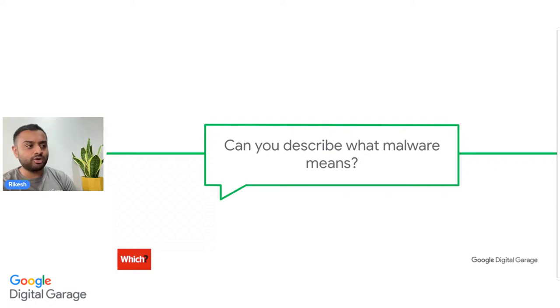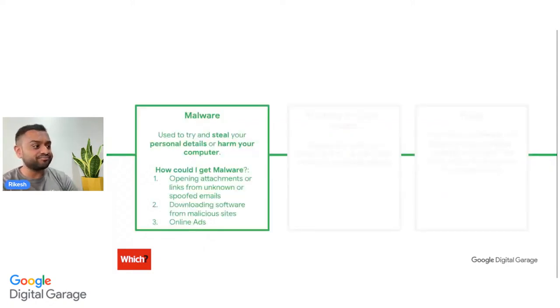Now, in terms of what malware is, by its definition, malware is essentially software which is designed to steal or attempt to steal your personal details or cause genuine harm to your computer. And you can see in this bullet point list of how could I get malware, it can happen in multiple different forms.